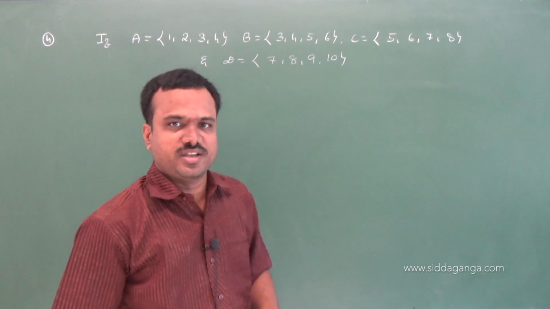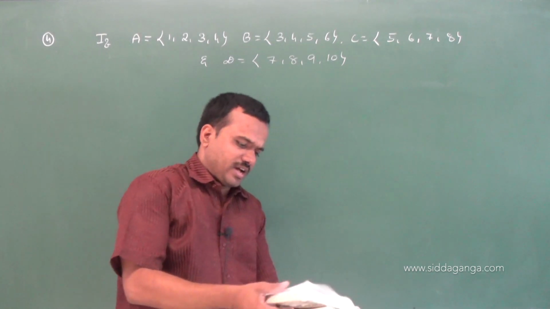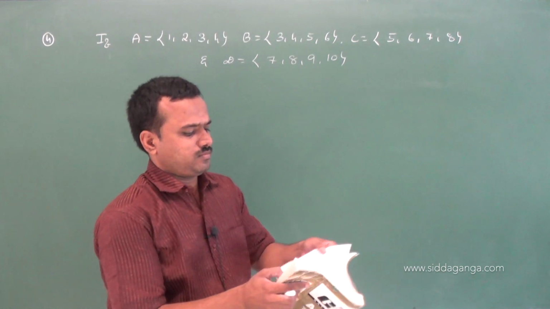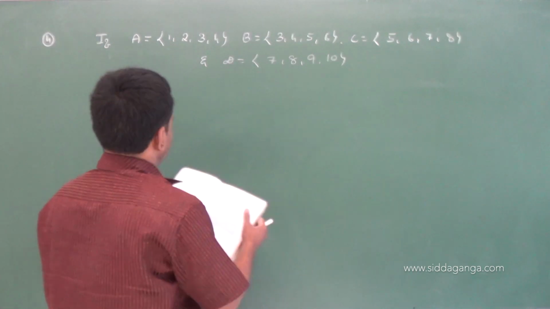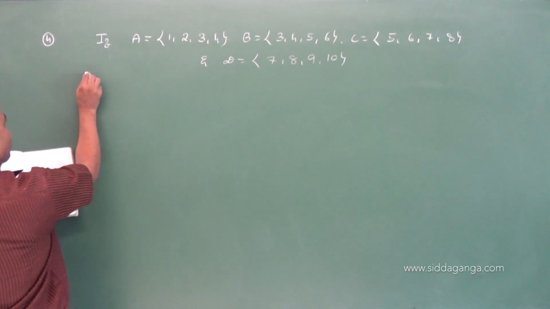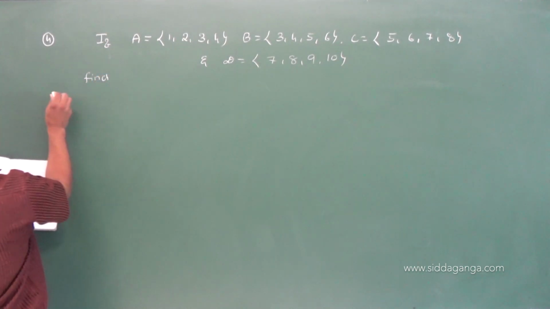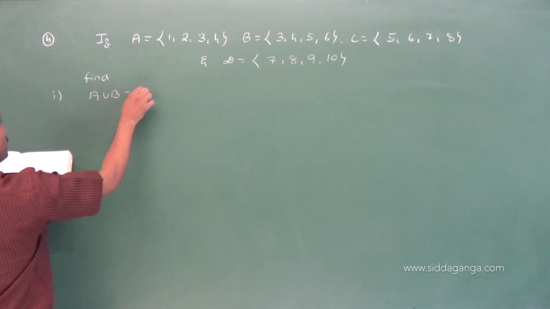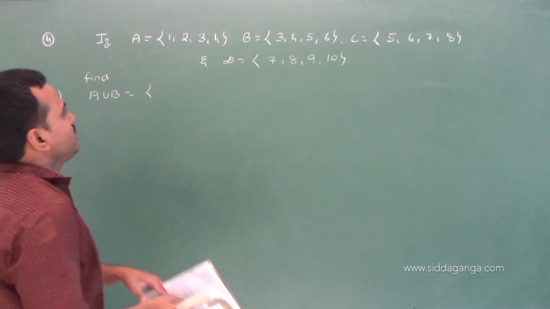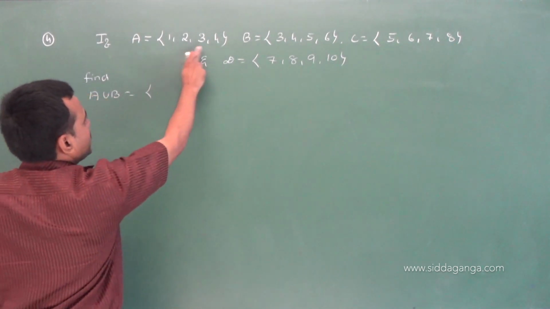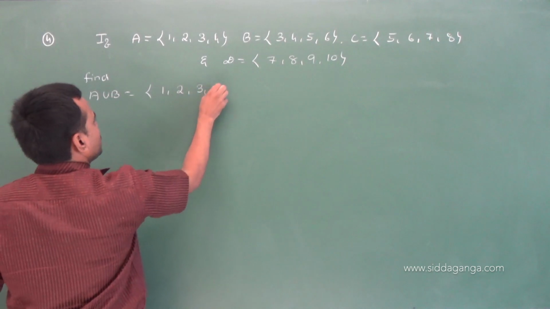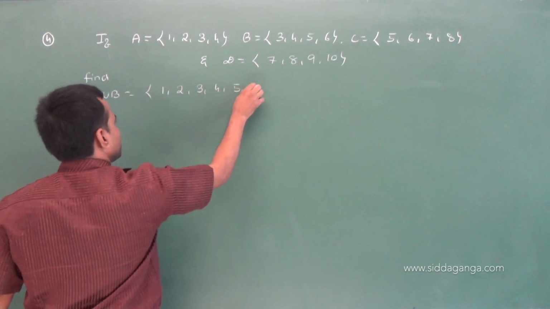Four sets are given. What he asked is to find, one by one, the first one, A union B. Write the answer only. A union B is {1, 2, 3, 4, 5, 6}.